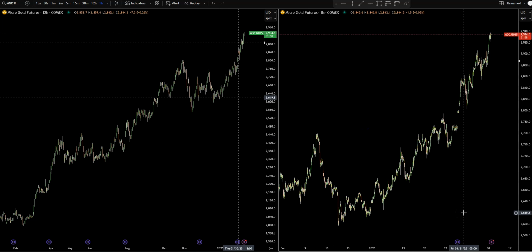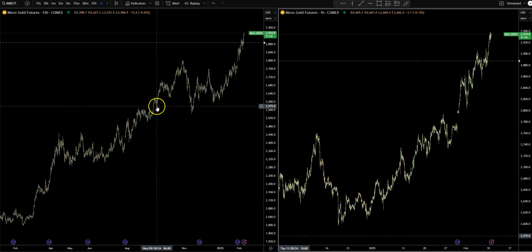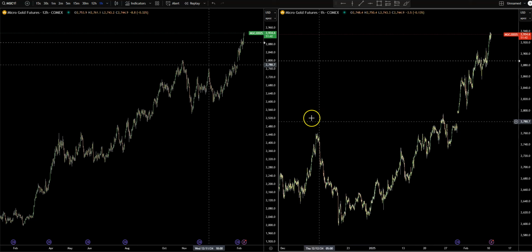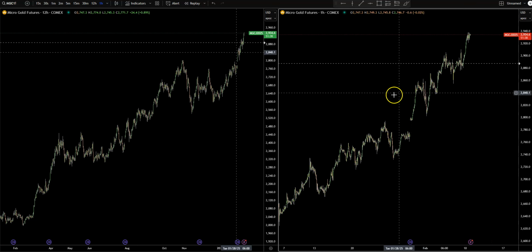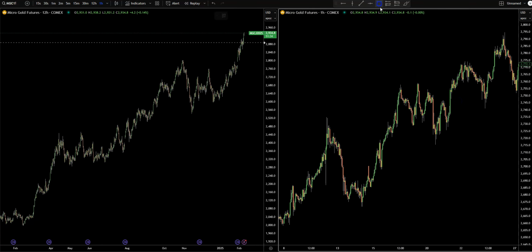Now you don't have to use these time frames, but I would use this for trend direction. So we can see this is a pretty nice chart. It is very obviously in an uptrend. So in that case, I would only be looking for demand zones within my 1-hour chart.